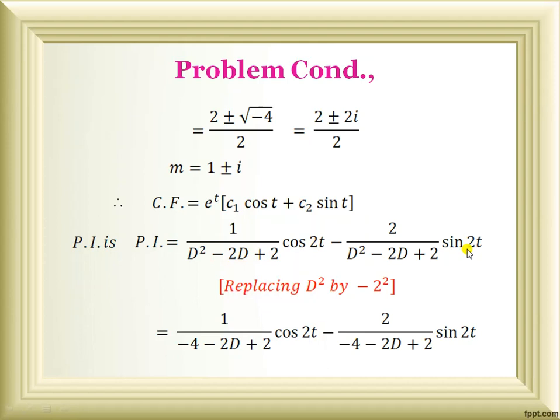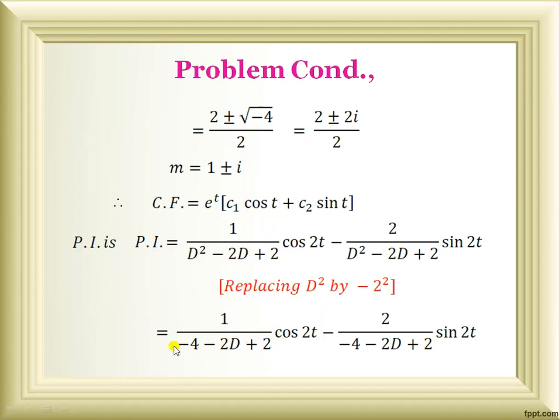After replacing, minus 2 squared is minus 4, so we get minus 4 minus 2D plus 2 in both.